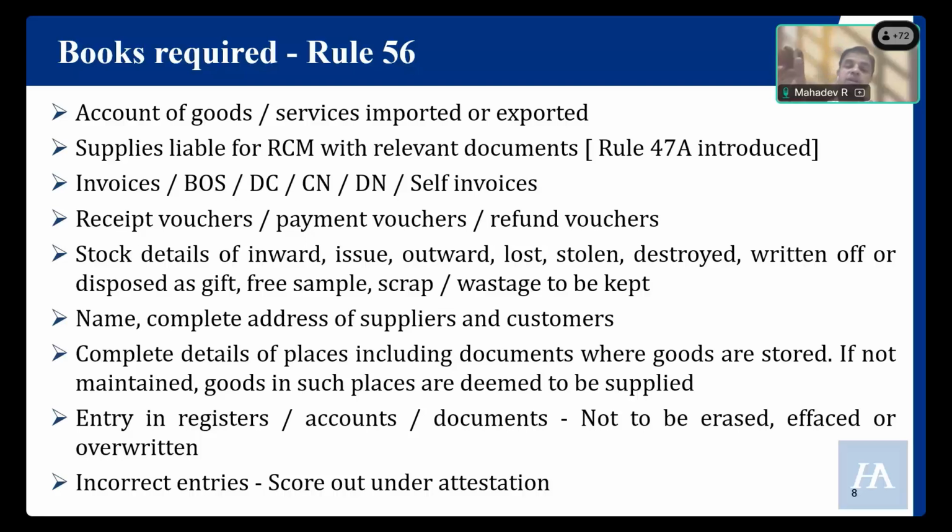Name and complete address of the suppliers and customers. Sometimes we may not have the complete name and address of the customer. Say you own a movie theater. When you issue a ticket, I don't think you will have an address on the tickets. So what will happen, because Rule 56 says that you have to have the address of the customers also?